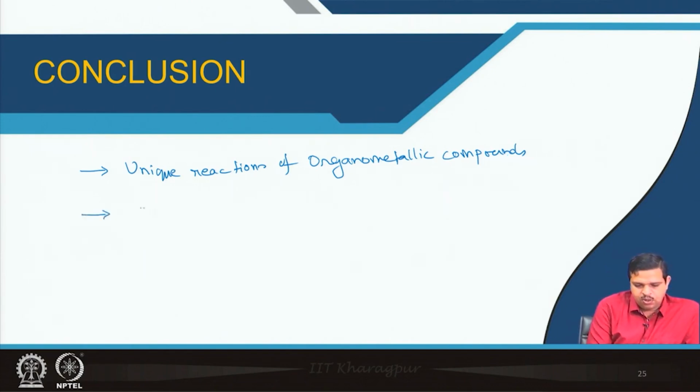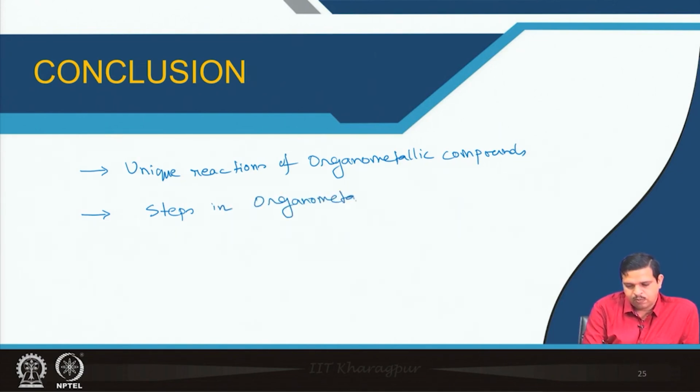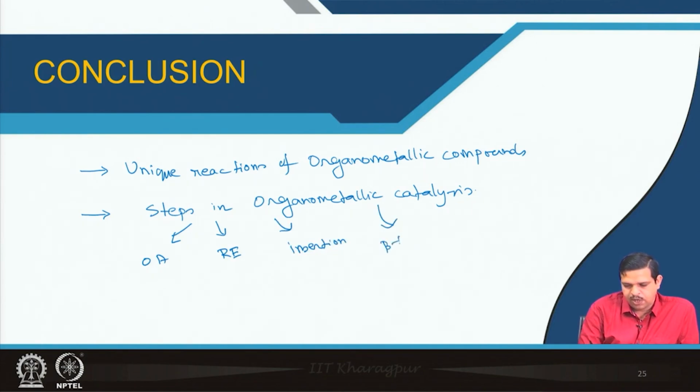We understood the steps in organometallic catalysis, so these are nothing but the oxidative addition, reductive elimination, insertion reaction and again this beta H elimination reaction.